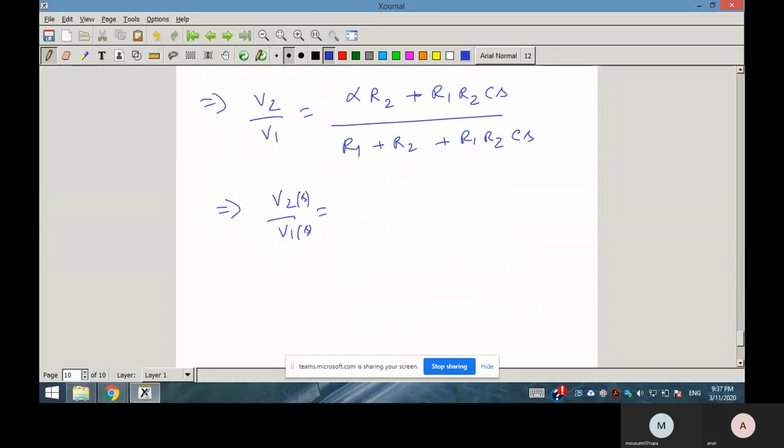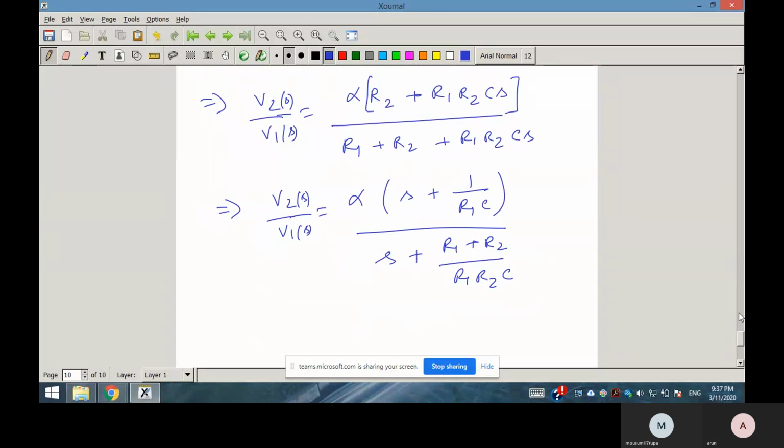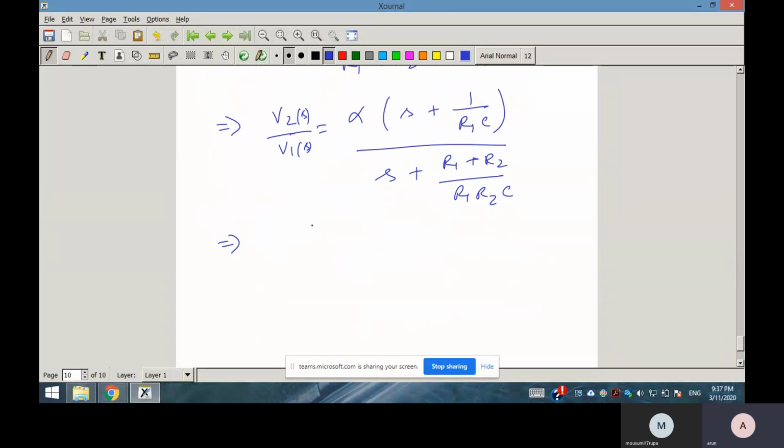These are all functions of S, I am not writing S. So this is equal to alpha into S plus 1 by R1C, divided by S plus R1 plus R2 by R1 R2 into C. So this can be written in that form: V2(S) divided by V1(S) is equal to alpha into S plus A divided by S plus alpha into A.